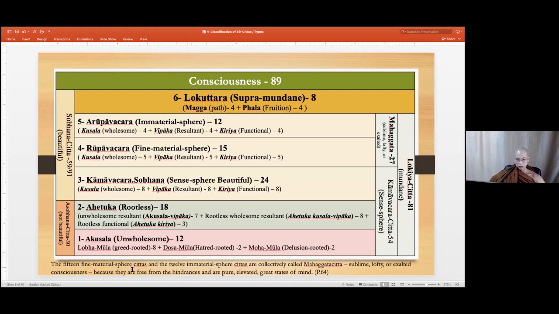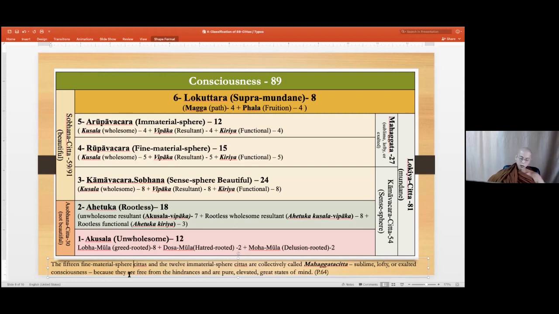Here we need to understand the usage of the term Mahaggata. As in the footnote, the 15 material sphere consciousness and 12 immaterial sphere consciousness are collectively called Mahaggata Citta. It's 27 sublime, lofty, or exalted consciousness, because they are free from hindrances.